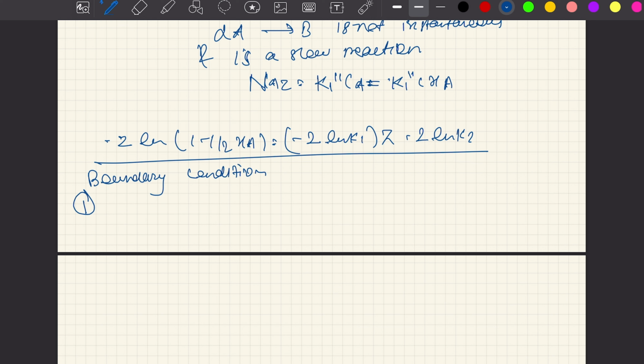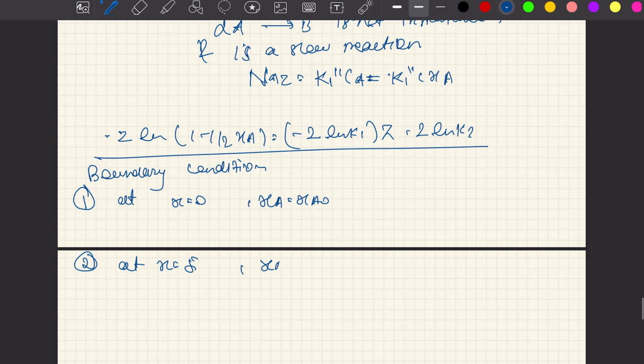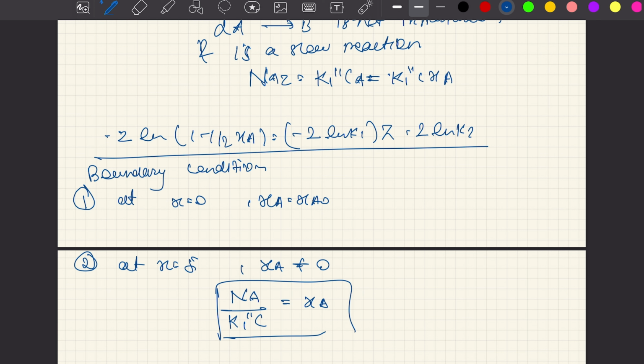The first boundary condition, at z equals to 0, x_A equals to x_A naught, would be the same. For the second one, at z equals to del, that is at the boundary of the stagnant gas film, x_A will not be equal to 0. In fact, it would be equal to N_A by K1 double dash C, equals to x_A from this equation.